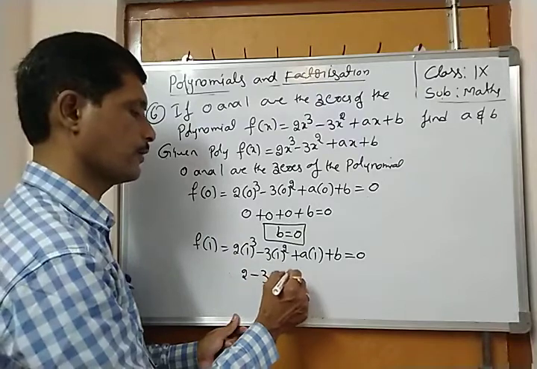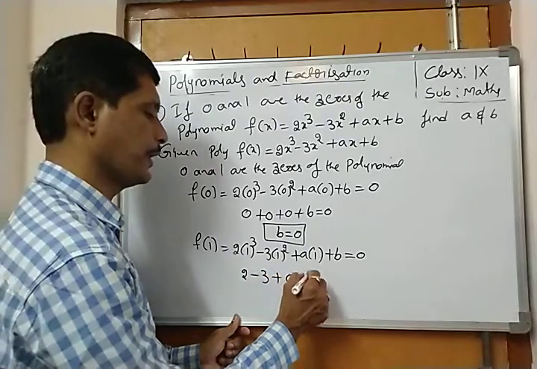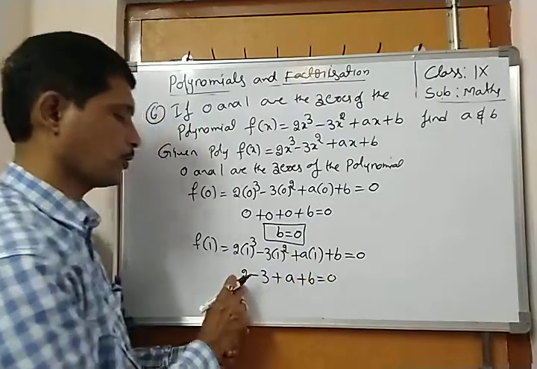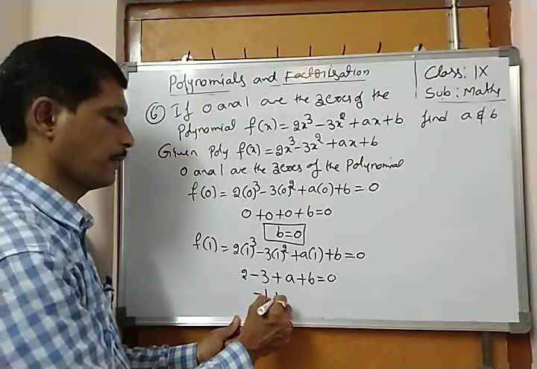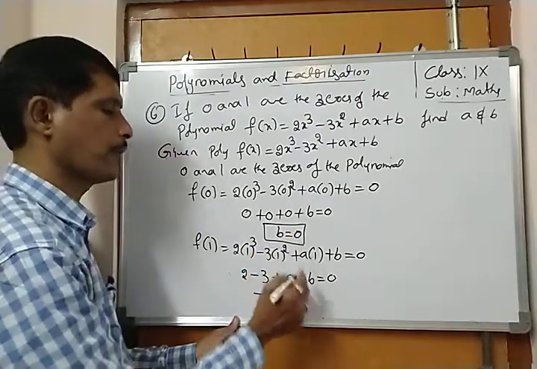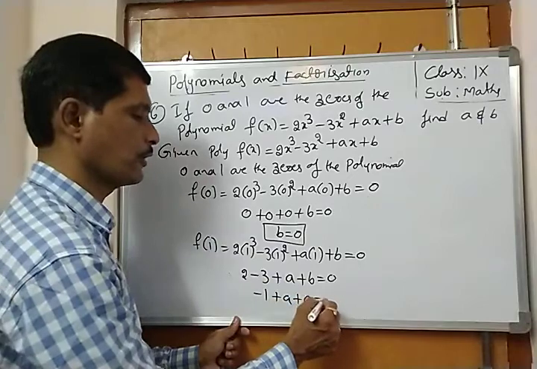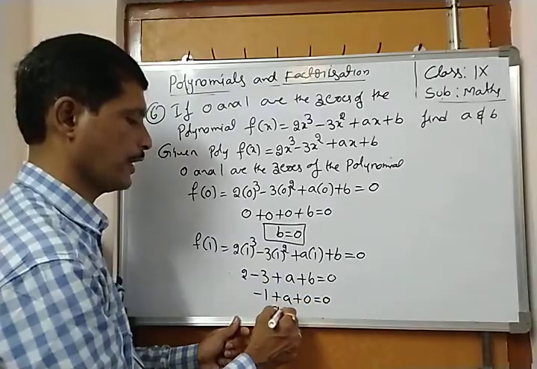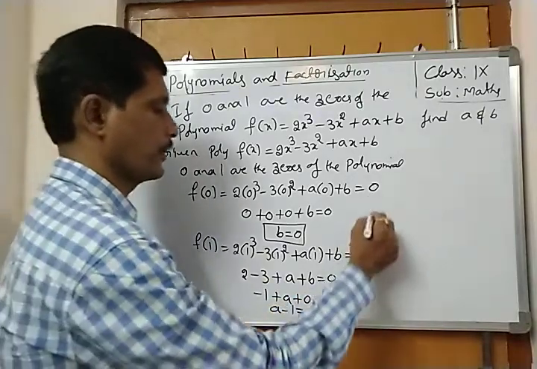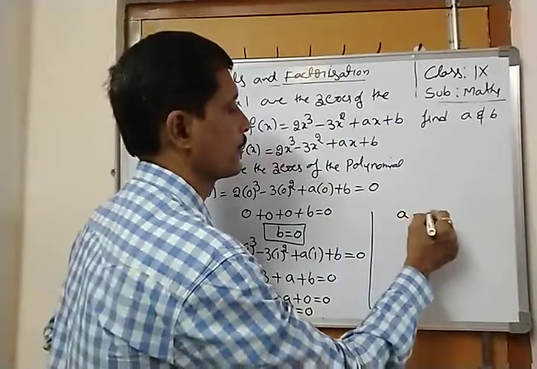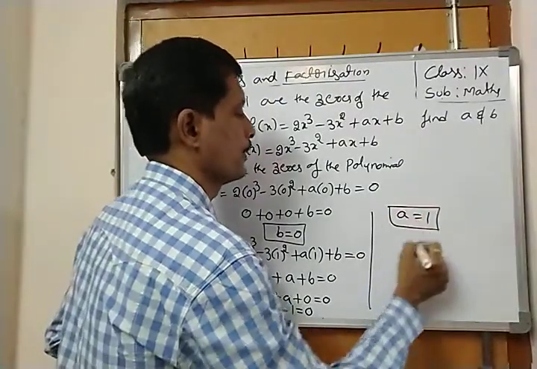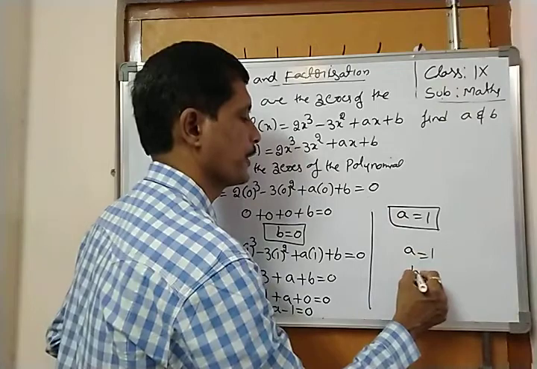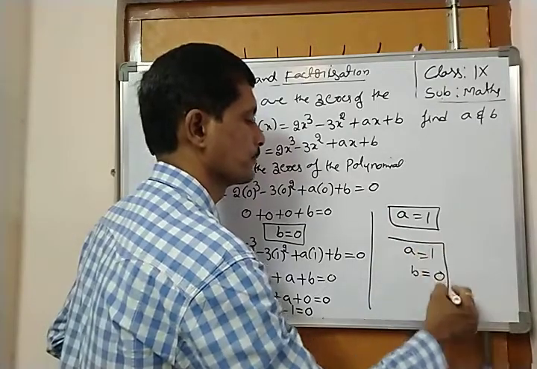Here a into 1, that is a plus b equal to 0. Here 2 minus 3, that is minus 1 plus a. You already know b value, that is 0. Therefore a minus 1 equal to 0. Therefore a equal to 1. Therefore the values are a equal to 1 and b equal to 0.